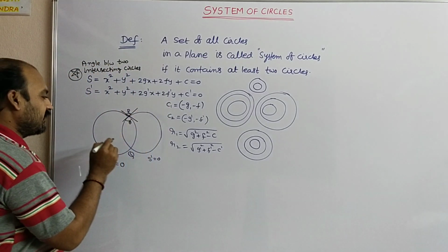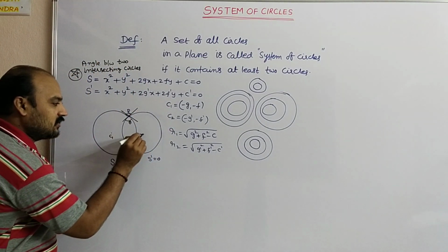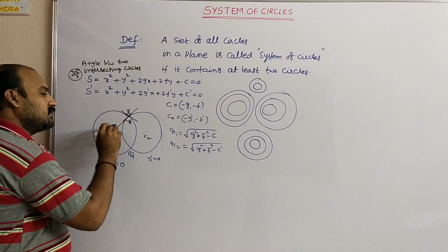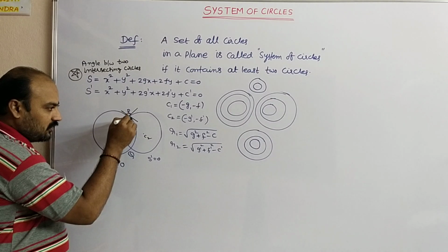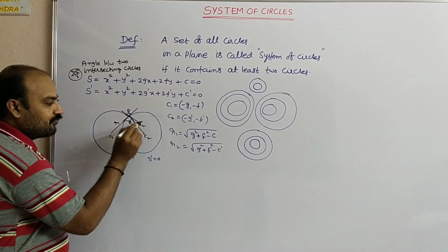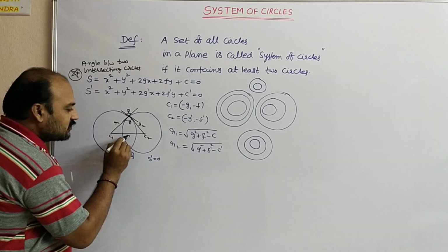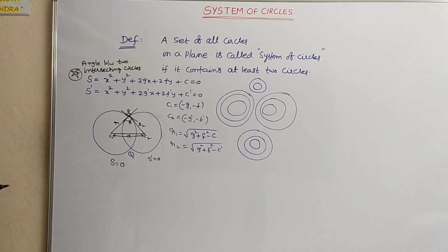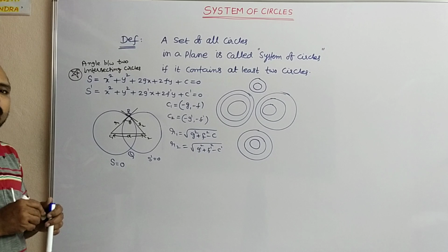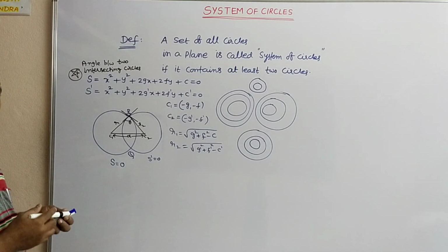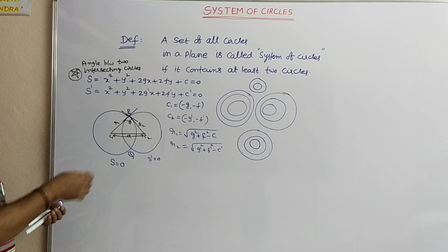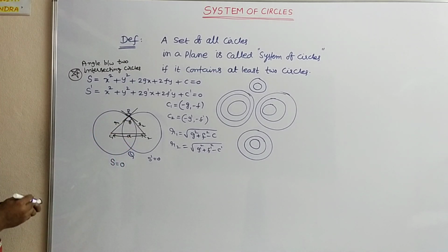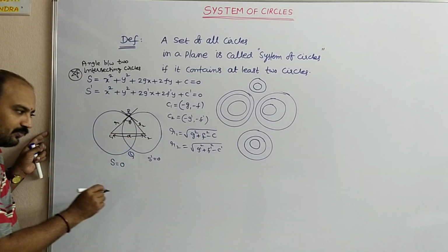Whose centers are C1, C2 respectively. This is C1, this is C2. From here to here, this is r1. From here to here, r2. The distance between their centers we denote with d. Now, using the triangle law and the cosine rule, we will get the cos theta value.